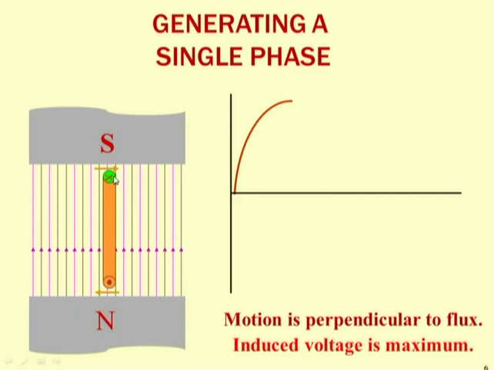Here the current passing through the conductor is coming out toward the north pole, and in this condition the induced EMF will have the maximum value. You can say that it is the peak value, or the amplitude of the induced EMF.